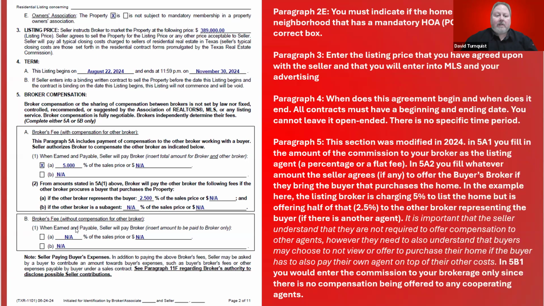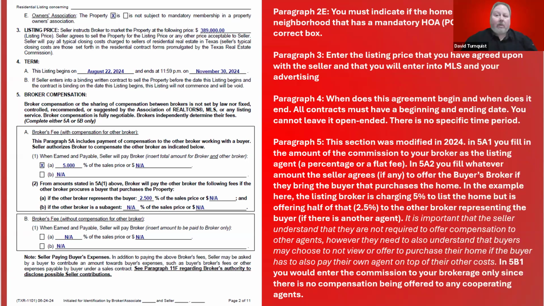Paragraph 5B says broker's fee without compensation for the other broker. So if I'm going to list your home and not offer compensation to the other agent, then what am I going to charge you? Am I still going to charge you 5%? I'm going to get all 5%, 6%, 3%, 1%. So that's up to you and your broker and what you put there.